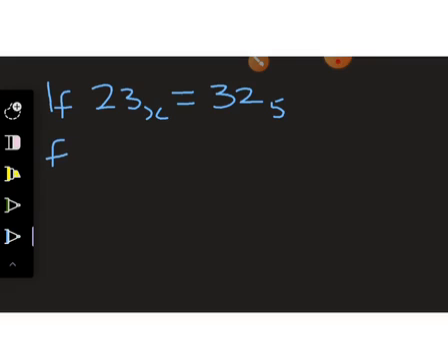WAEC, June 2014, Question 2, objective. So the question says, if 23 base x is equal to 32 base 5, find the value of x.